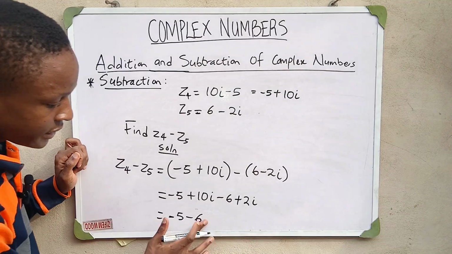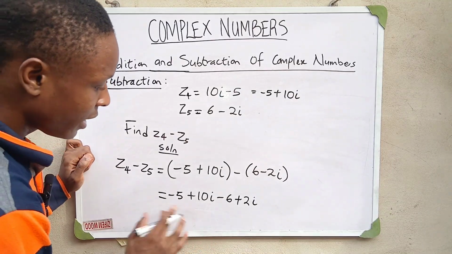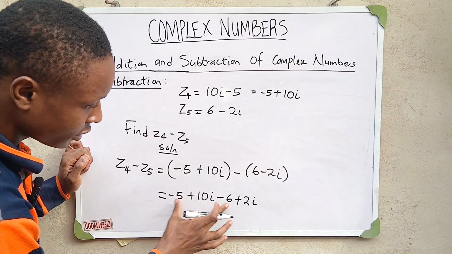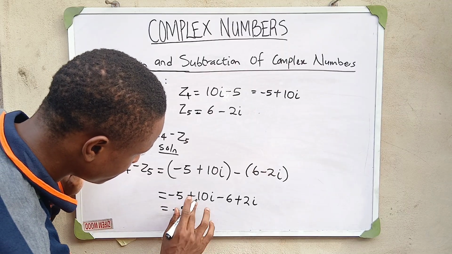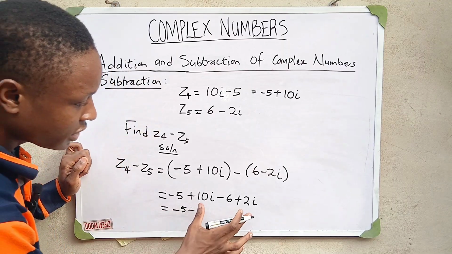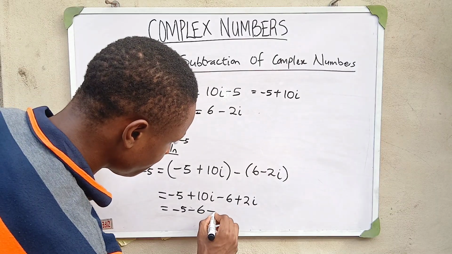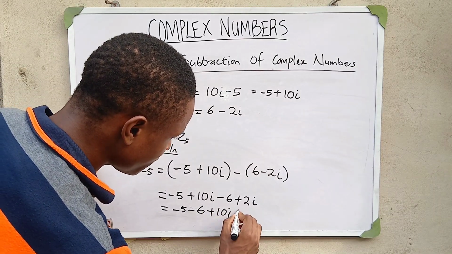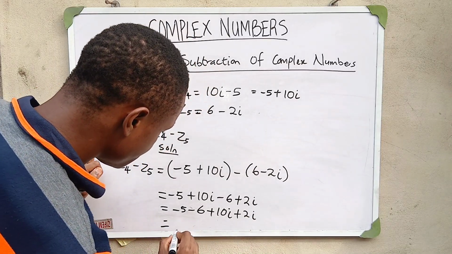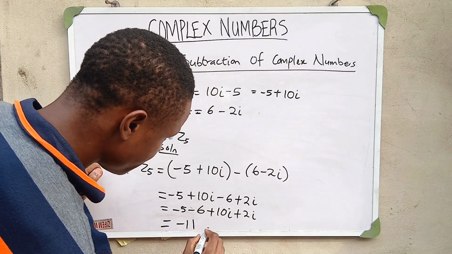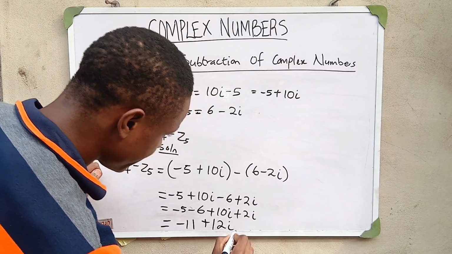Now we are going to collect the corresponding real parts, which will be minus 5 minus 6. I will collect the corresponding imaginary parts, which will be plus 10i plus 2i. So this is going to give us minus 11 plus 12i.